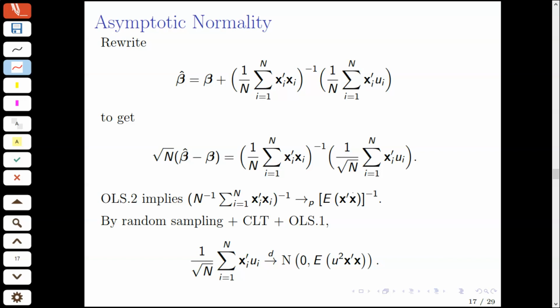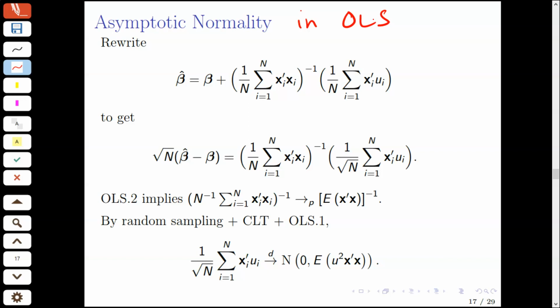Okay, let's go back to the OLS estimator and start thinking about establishing an asymptotic normality result. We already know that we can express the OLS estimator as the parameters we're trying to estimate plus something, being the product of, well, the inverse of an average and an average.